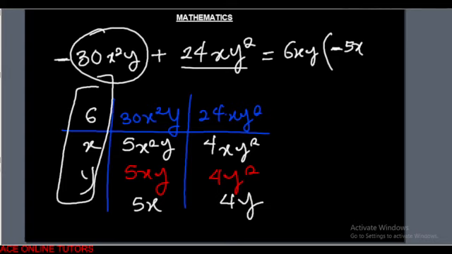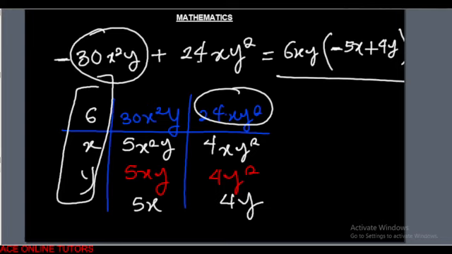Don't forget that when we wanted to write for this, we also wrote the sign first. The sign is plus. Then what did you get for 24xy squared? You get 4y. So just put your 4y here. So this is what you will get if you factorize it. So that's going to be our final answer.